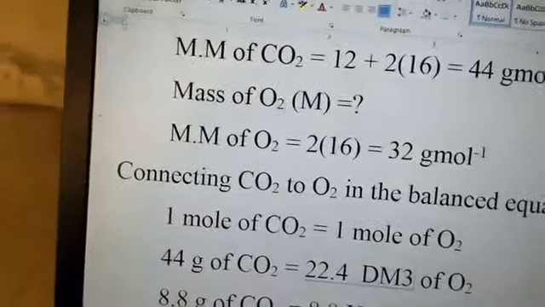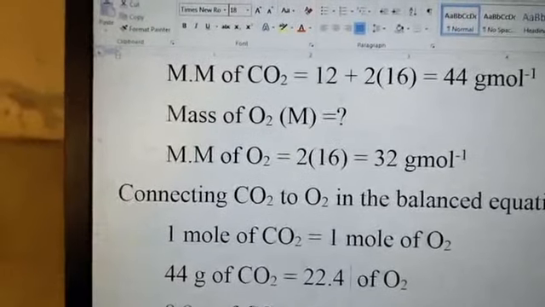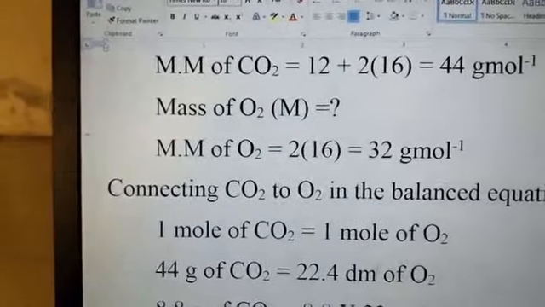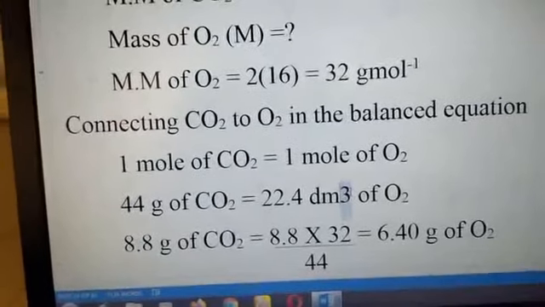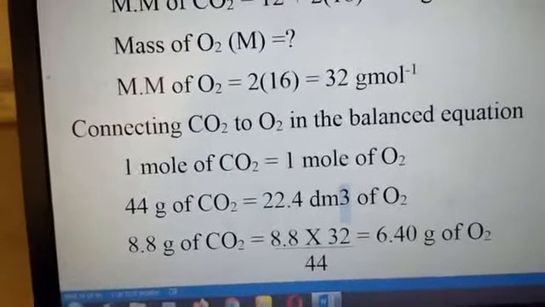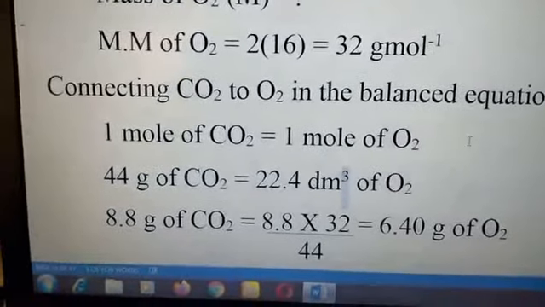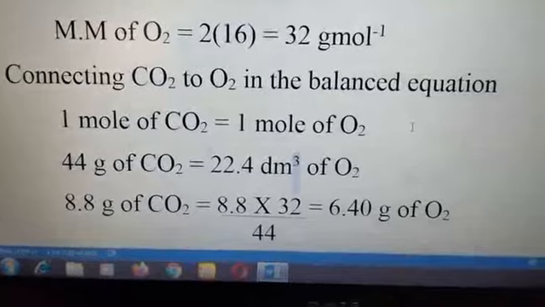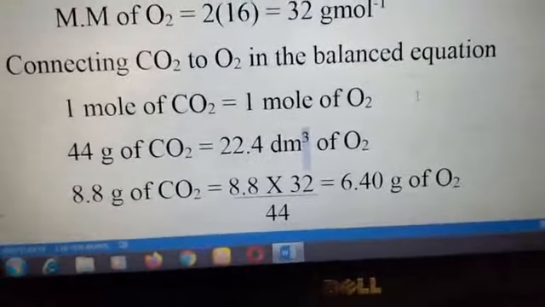So since we're asked to look for volume, we are not looking for mass. So no need to calculate the mass of oxygen. We're asked to look for the volume of oxygen. So we'll have 1 mole or 44 grams of CO2, which is the molar mass of CO2, gave us 22.4 dm cube of oxygen.